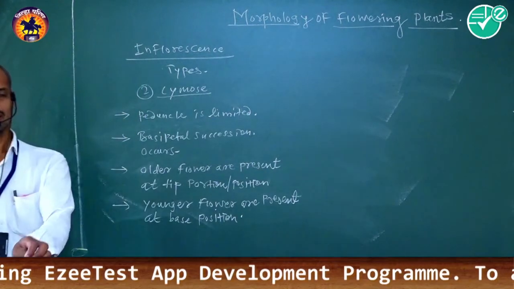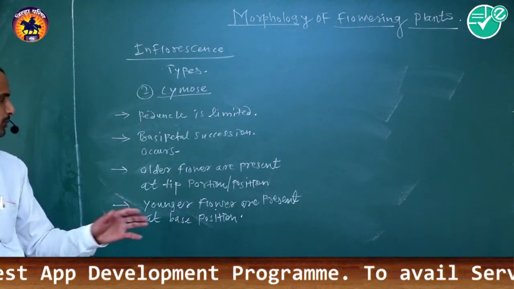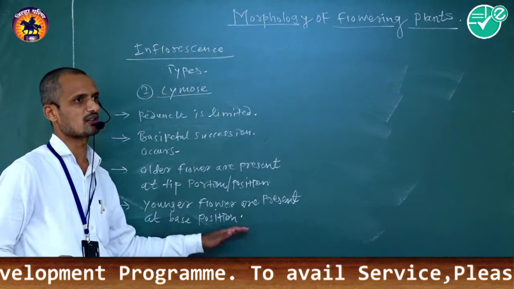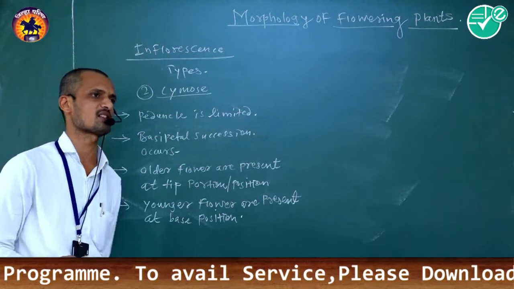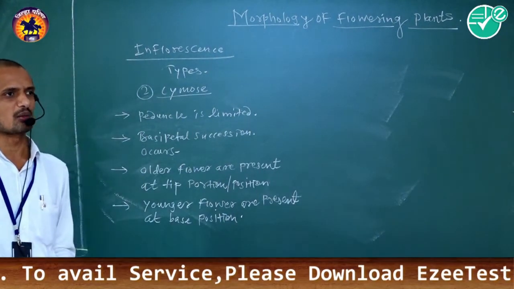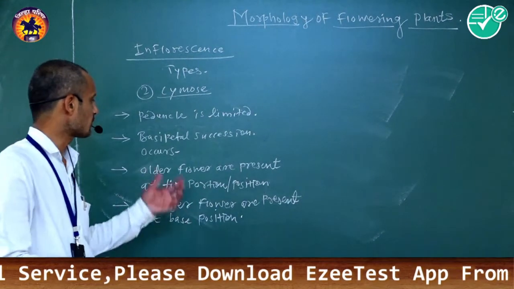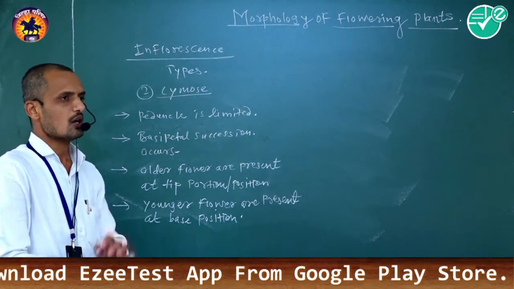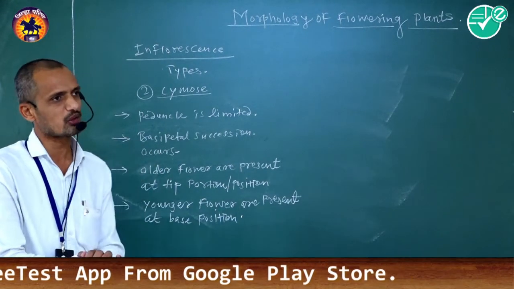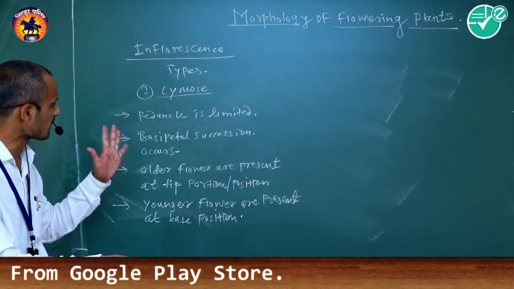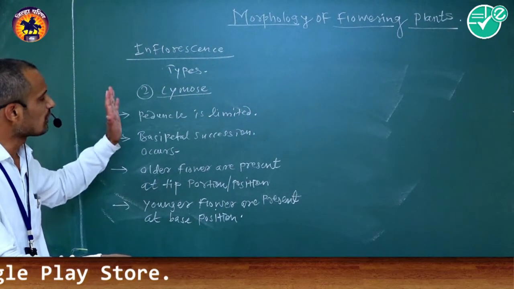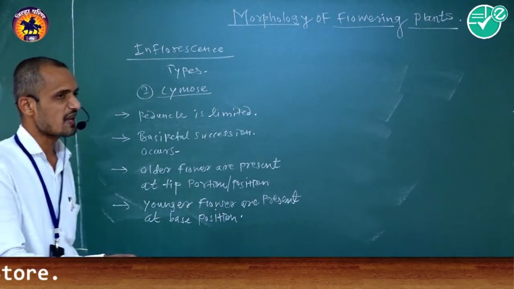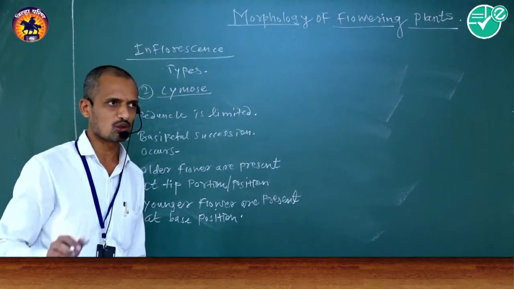Cymose means the younger flowers are present at the base portion of the inflorescence axis or peduncle or main axis, and older flowers are present at the tip portion or top portion of the inflorescence axis, that is commonly called the cymose type of inflorescence.